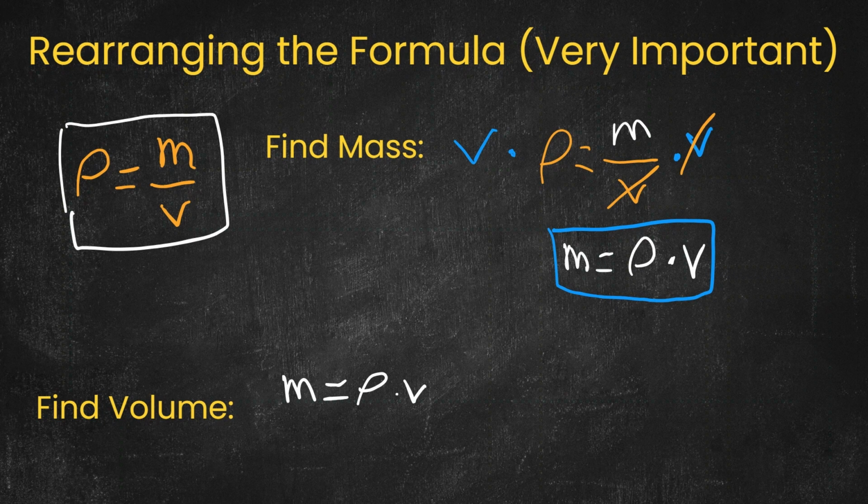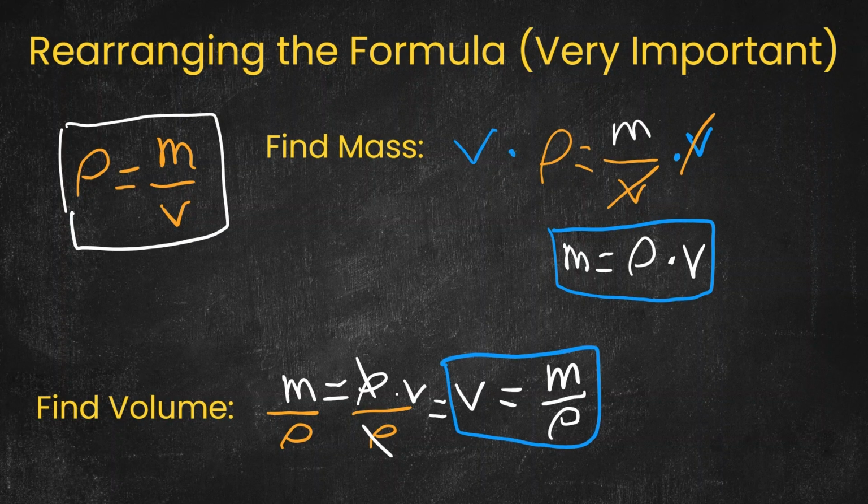The opposite of multiplication is division. So you're going to divide on the right side, and what you do on one side, you need to do on the other side. So density will cancel on the right side, and on the other side you will have the formula for volume, which is volume equals mass over density.